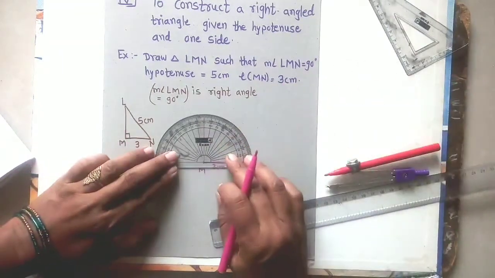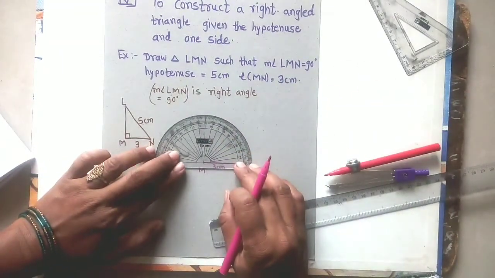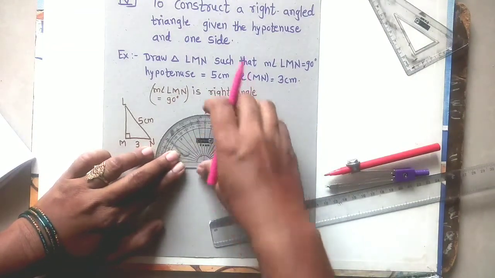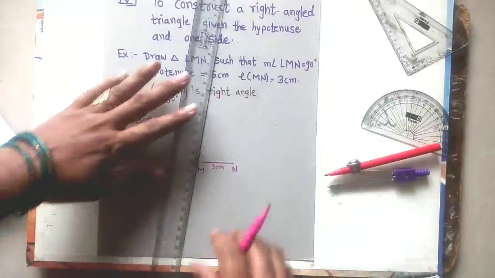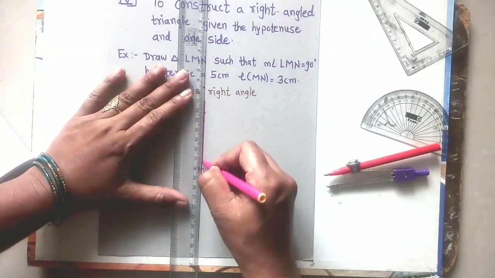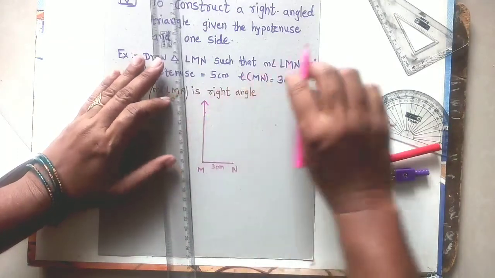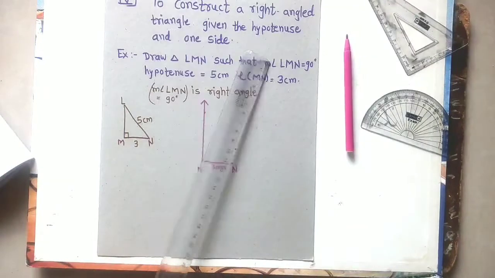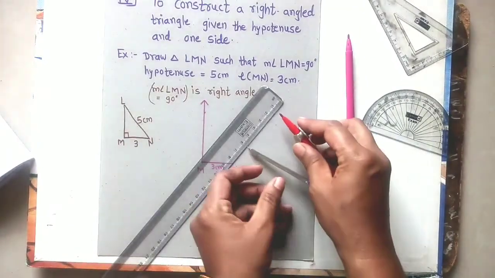At point M of segment MN, draw ray MT to make an angle of 90 degrees using a protractor. Take 5 centimeters measure in a compass.